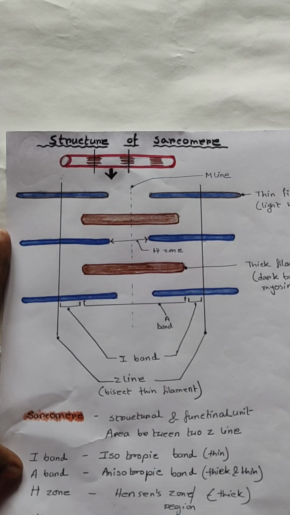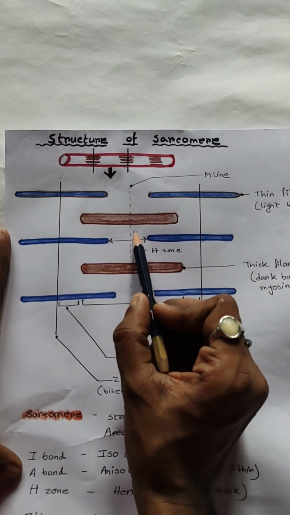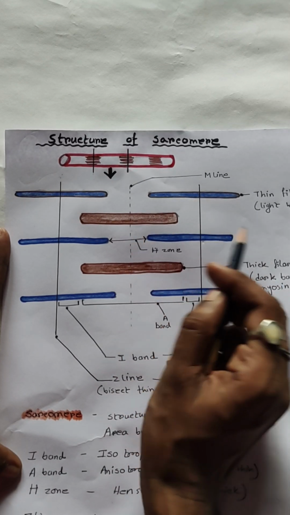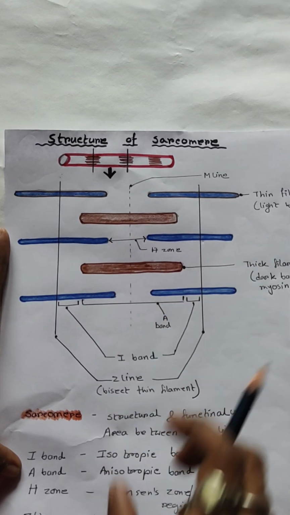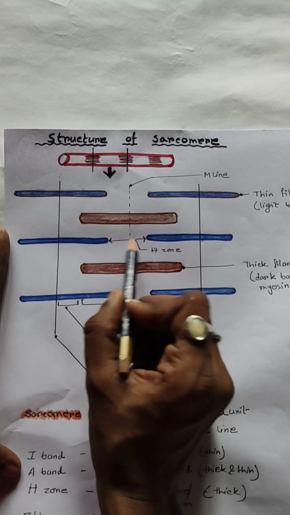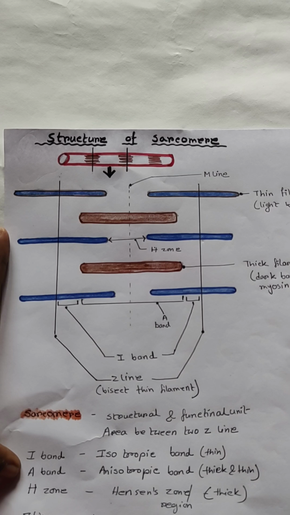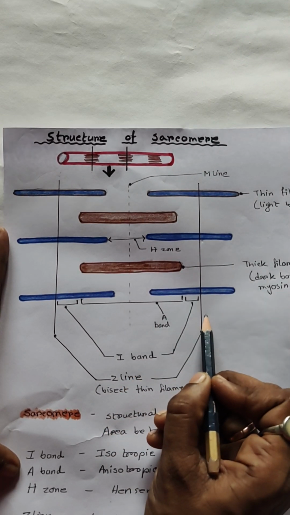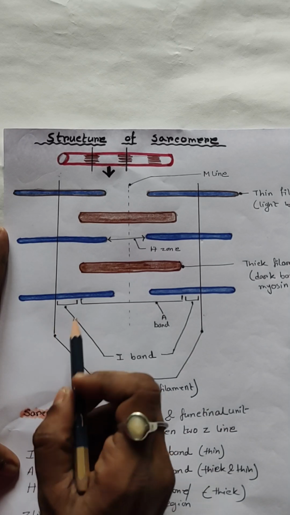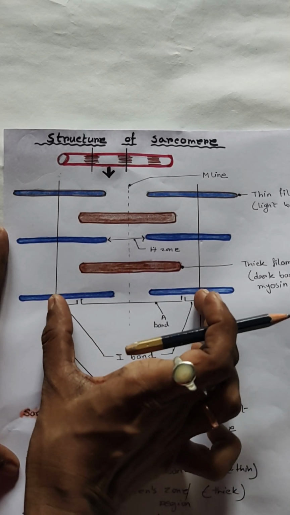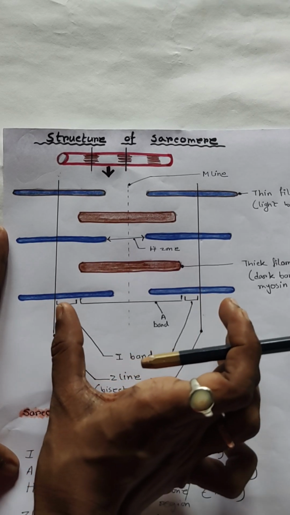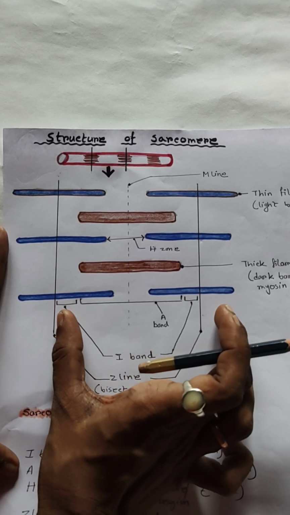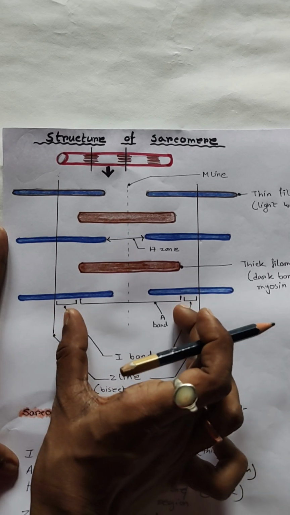So the M line of the adjacent fiber, because there is another muscle fiber with another M line, this distance remains constant. The H zone, the distance of the H zone, decreases, and the distance between adjacent Z lines, this is a Z line and this is another, that is, the size of the sarcomere, decreases.